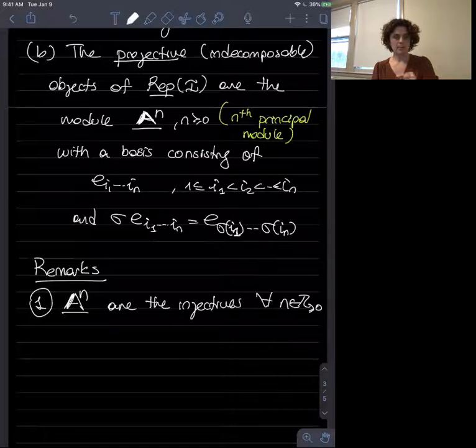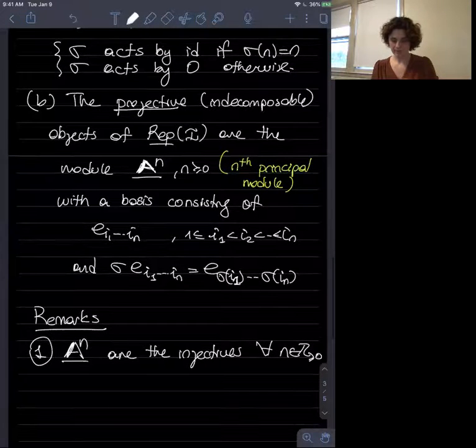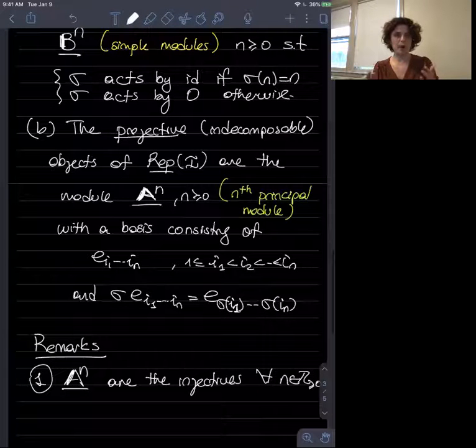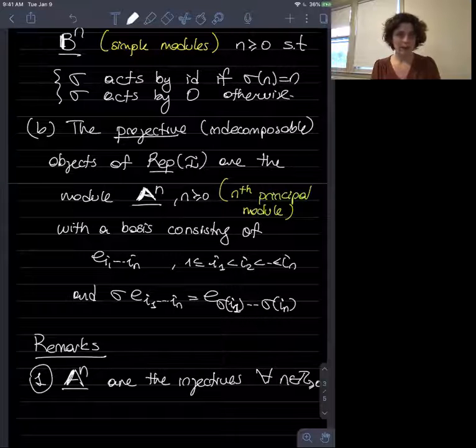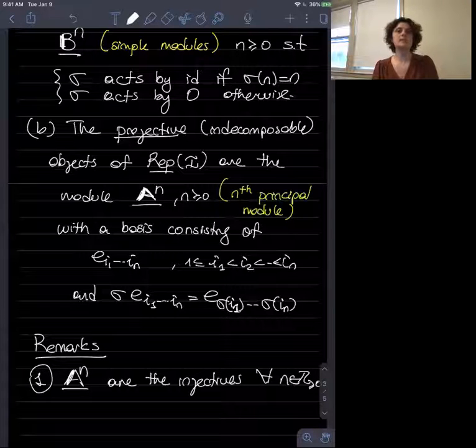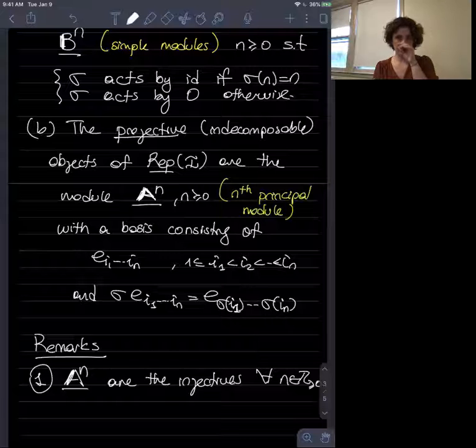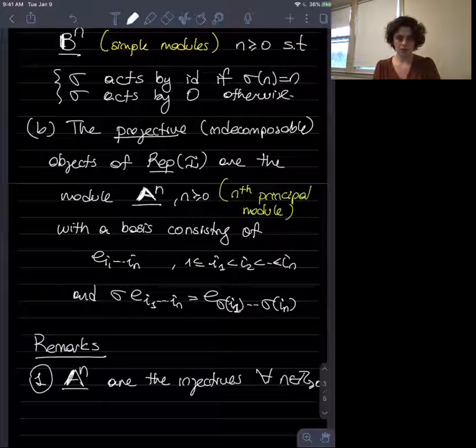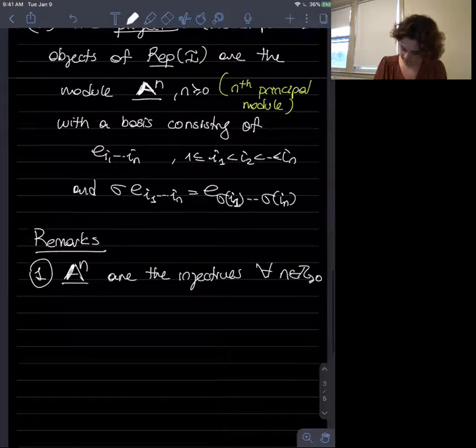By the way, we lose the projective property when you drop the graded version. So for the smooth category, we don't have projectives, but we still study the principal modules. They are still important, but they just lose the projective property.